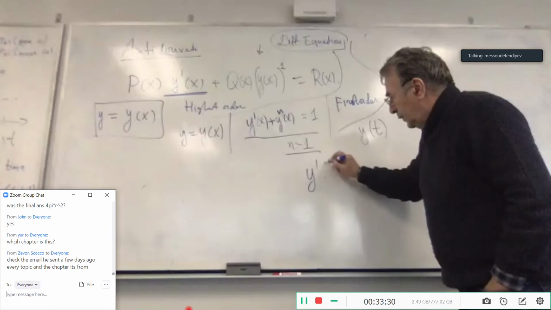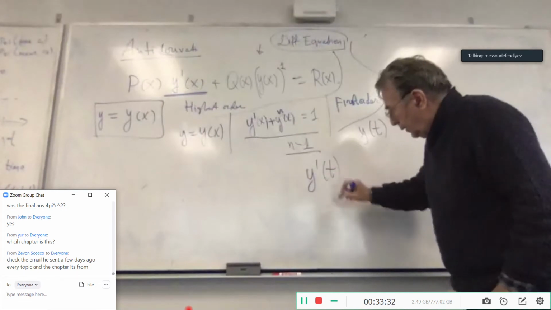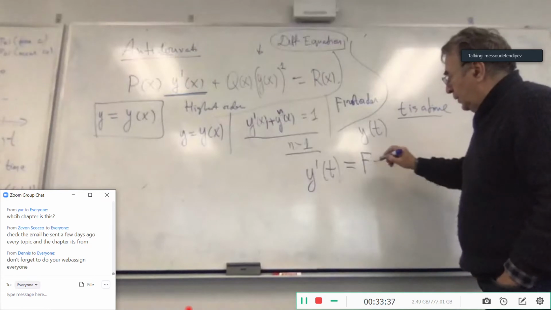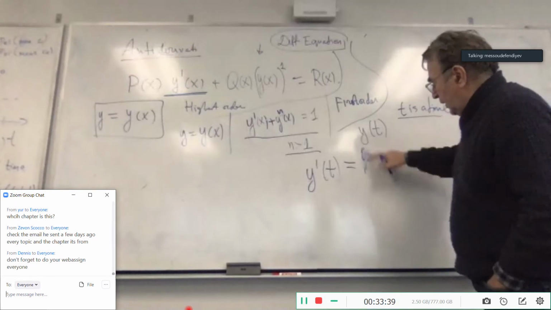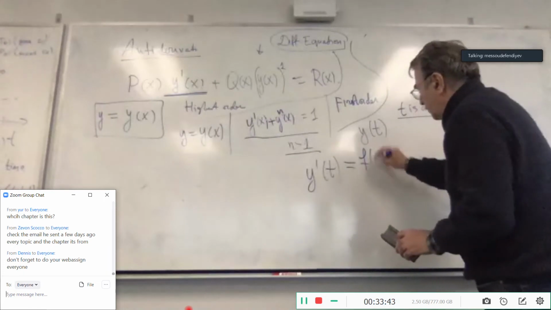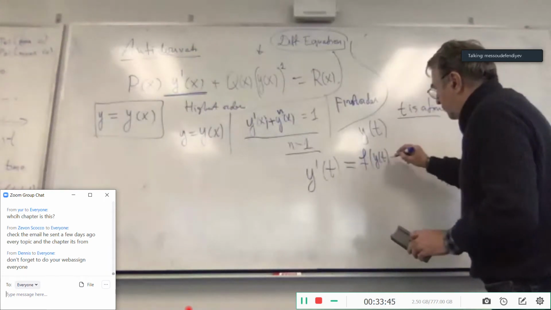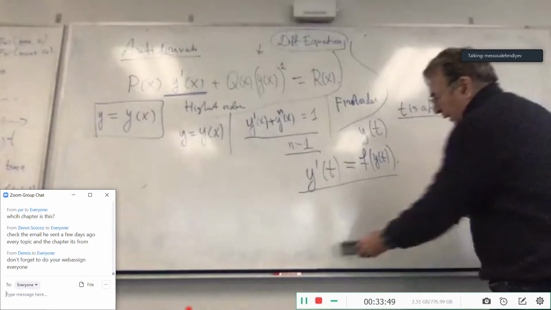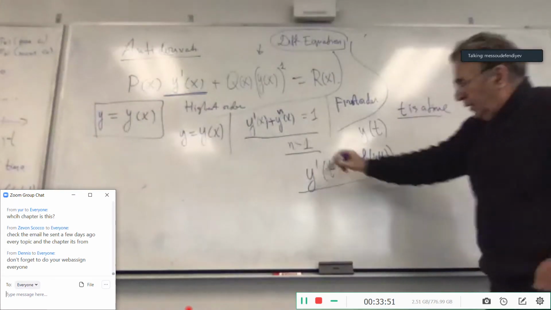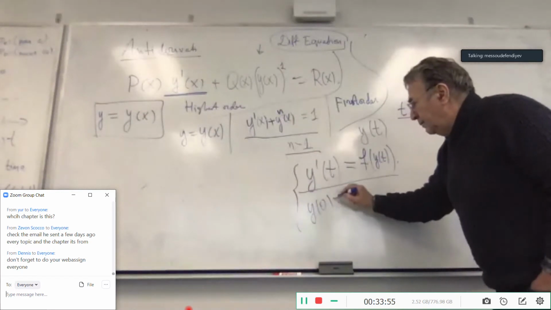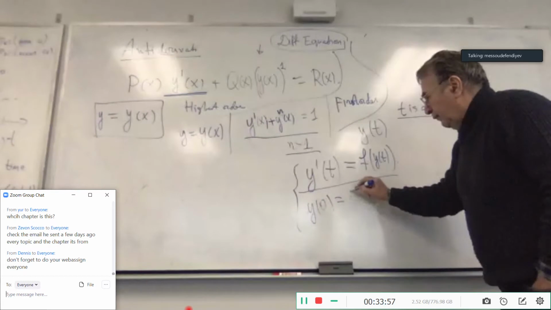So the derivative is equal to some function. Let me write f, which will depend on y of t, like, for example, this, and then you know what was in the beginning, how many infected.